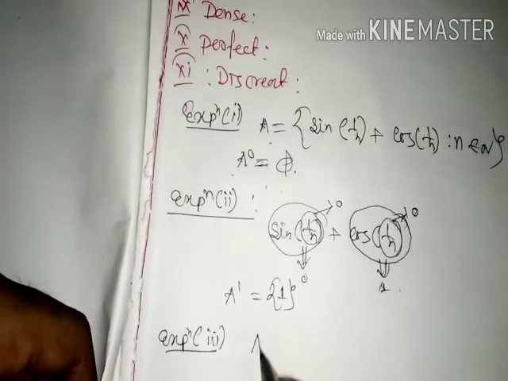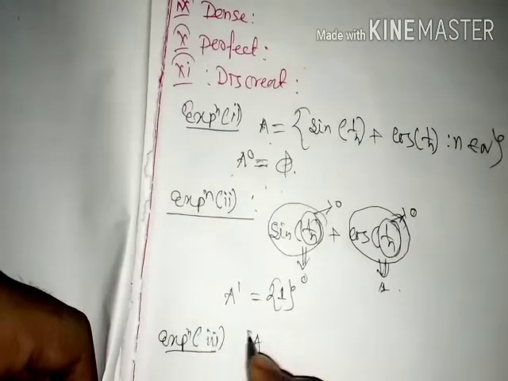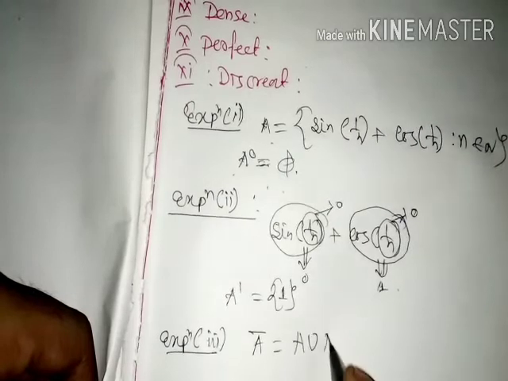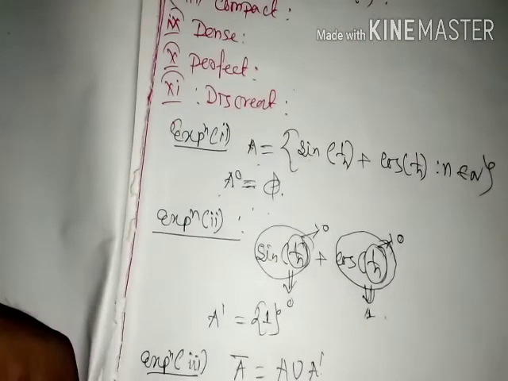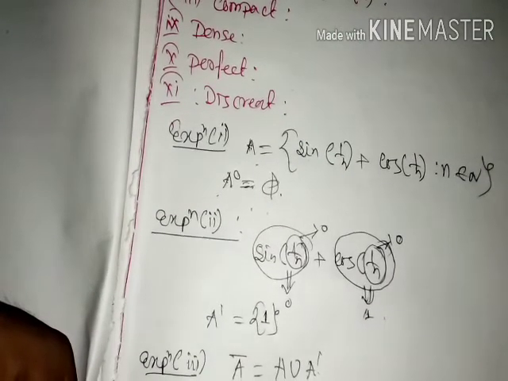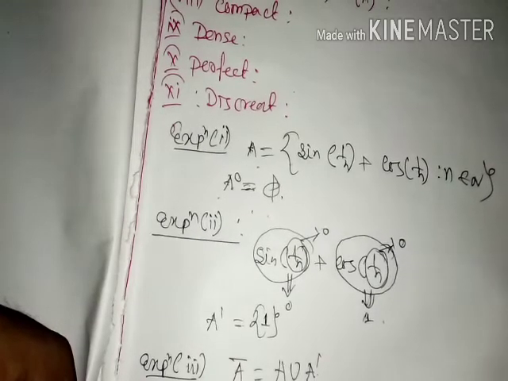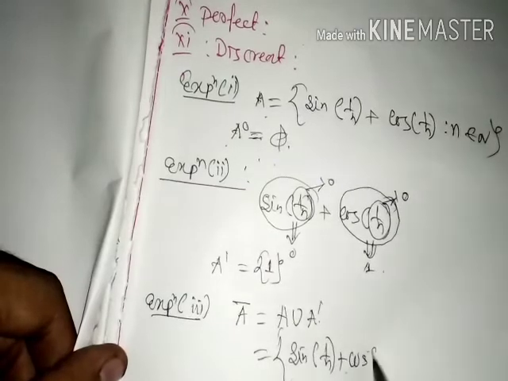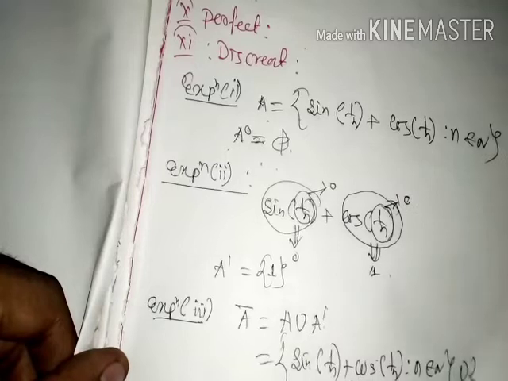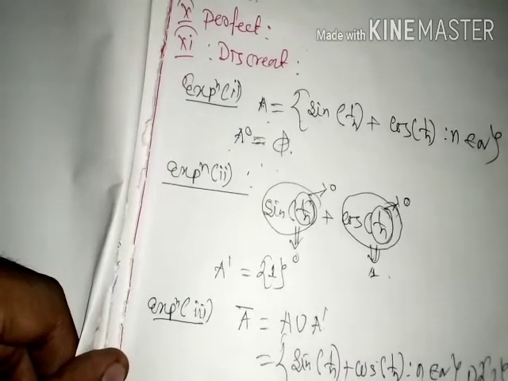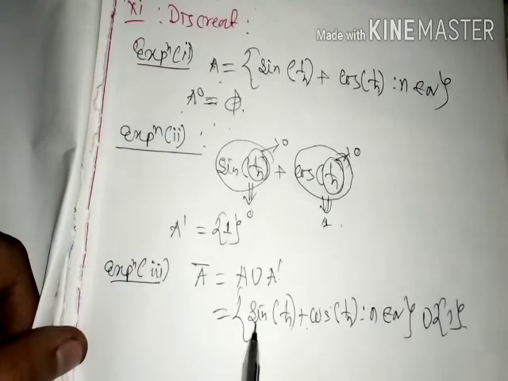We know A closure is equal to A union A dash. Already we found A dash. Just put the value: A is {sin(1/n) + cos(1/n) : n belongs to N} union {1}. This is the closure of A.